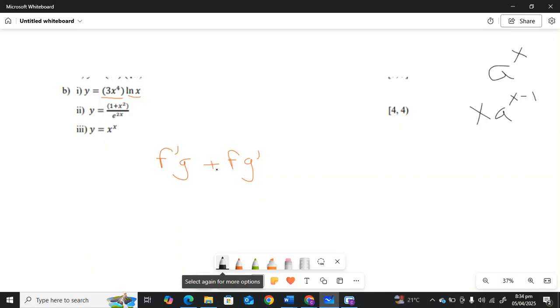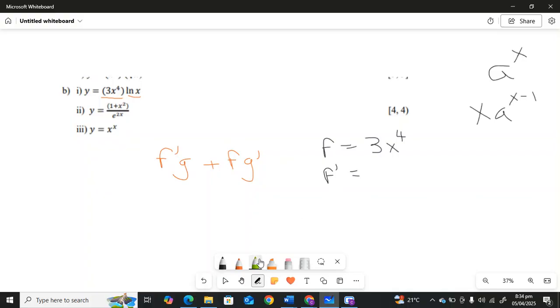Our f, we say, is going to be 3x to the power 4. Then this f prime, when you see f with a sign like this, it just means you're deriving f. So we're going to derive it.